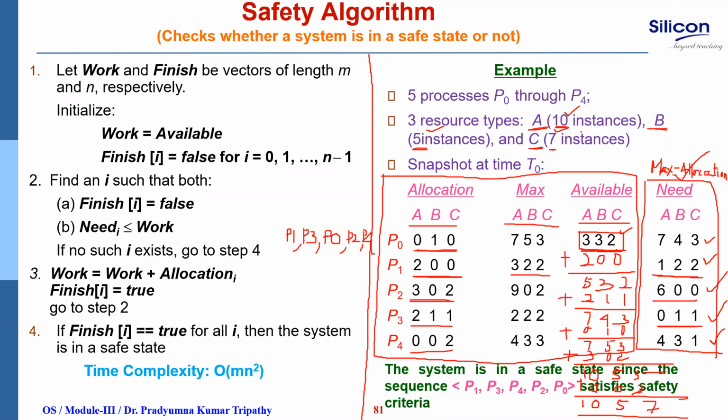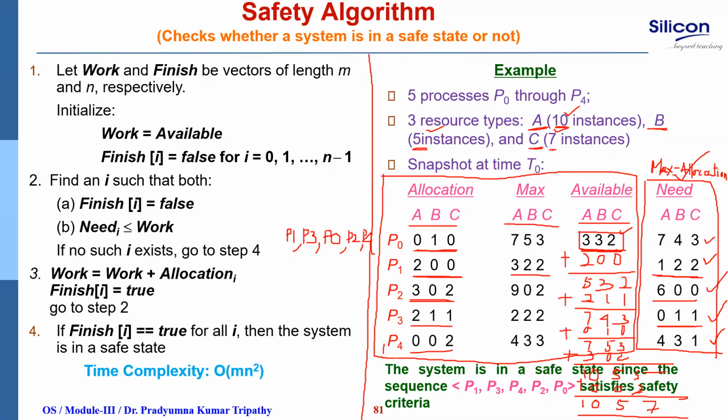So after allocating, the bank gets all its money back. So the processor allocates some resources. After completion of all the processes, it got all its resources back. And you will see that we were able to satisfy all the processes, and all processes can execute.